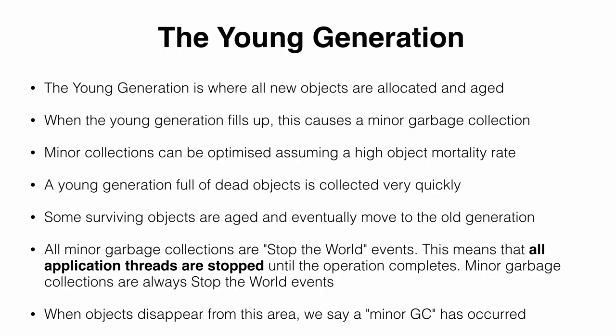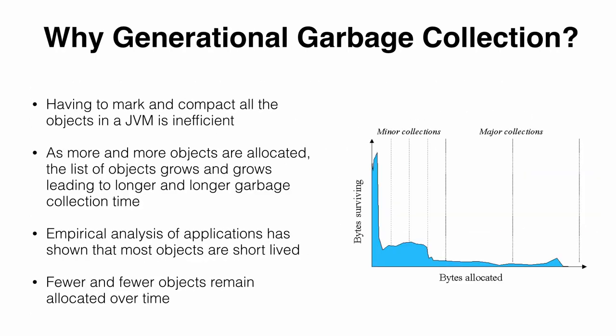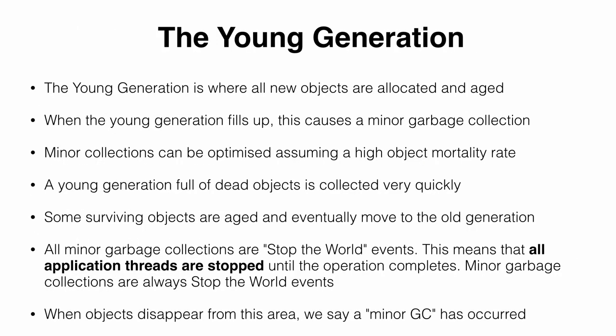So moving on to the young generation. The young generation is basically where all new objects are allocated. If you remember on that graph, when it goes high, these are all the young generation objects. So it fills up and causes a minor garbage collection. Minor collections can be optimized, assuming a high object mortality rate, which is good, and that's why on that graph it lowers out eventually, so we can keep the optimization as high as possible.